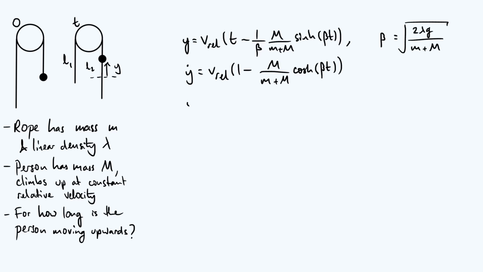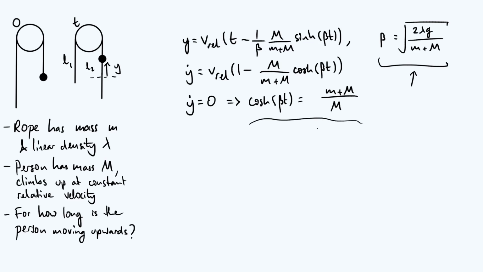And so when the person has just reached their maximum height, they've instantaneously stopped moving. So y dot has to be 0 there. If we require this bracketed term to be 0, we deduce that hyperbolic cos of beta t has to be the sum of the masses divided by capital M. Then what you can do is go back to your beta factor up here in terms of all of the parameters of the problem, and then solve this equation for t by taking inverse hyperbolic cos and then dividing by beta.